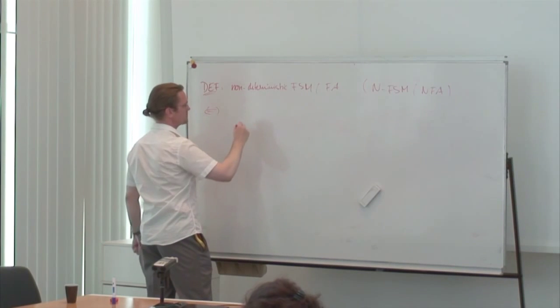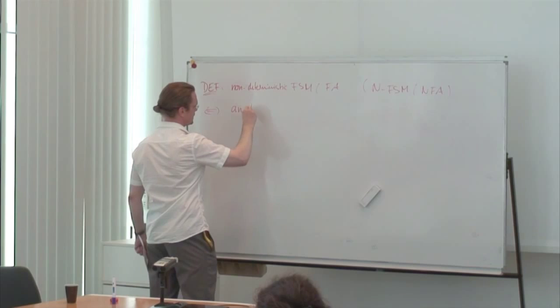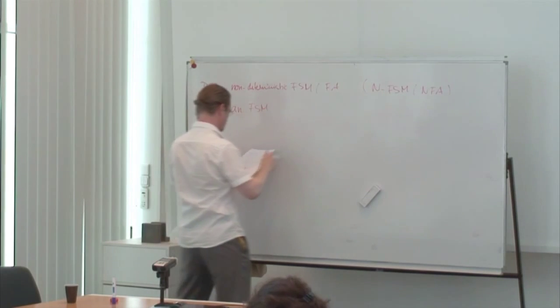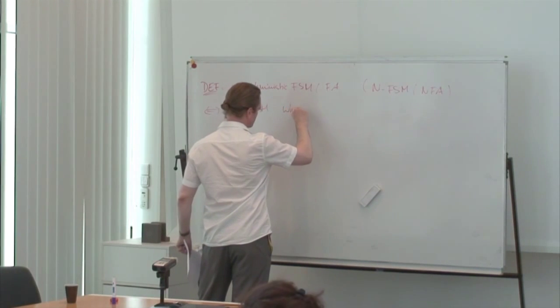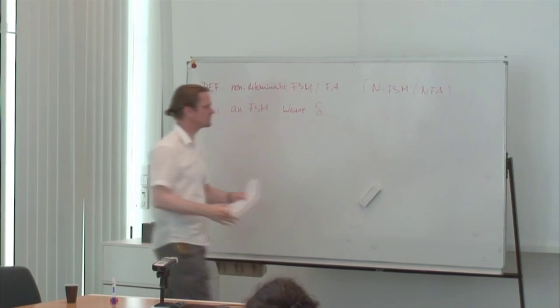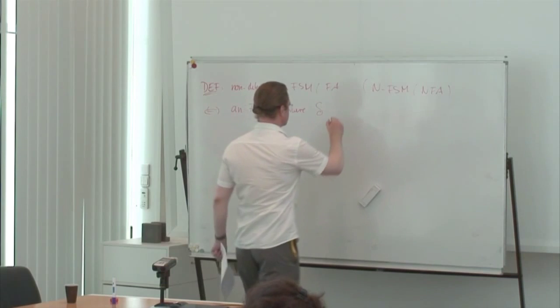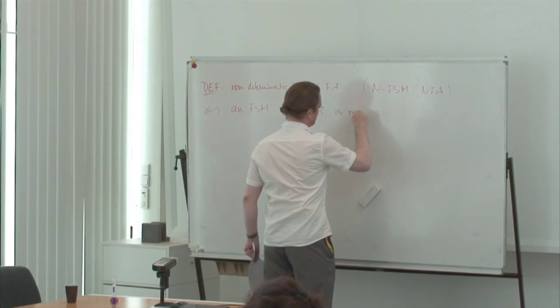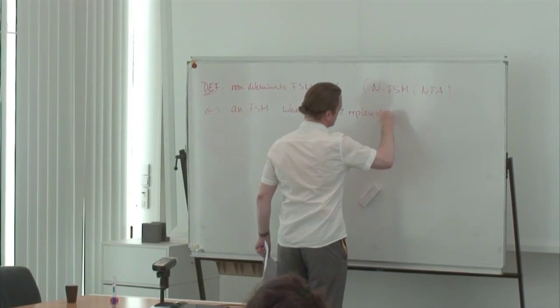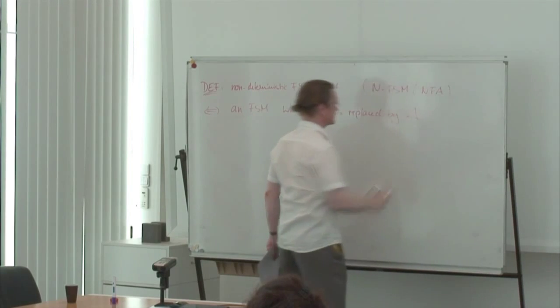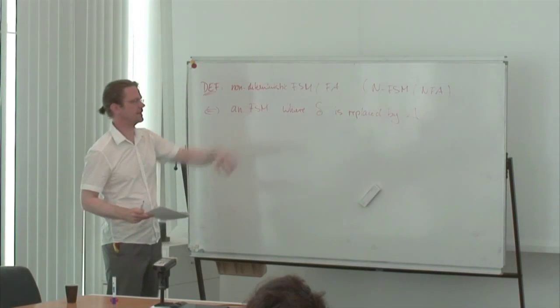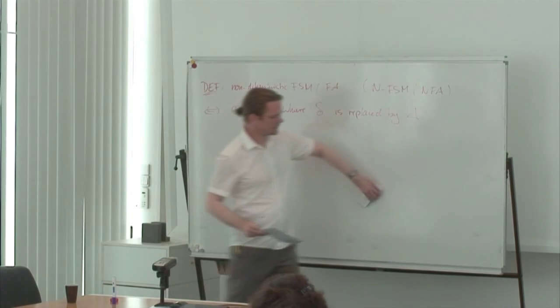A non-deterministic finite state machine is a finite state machine where the state transition function delta is replaced by capital delta. So this is the Greek letter capital delta.